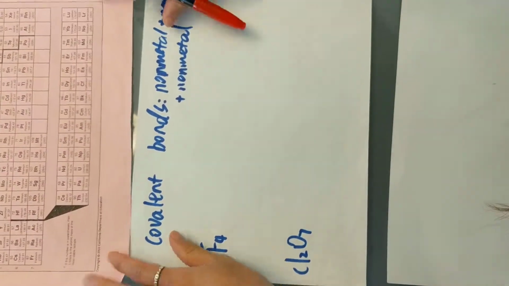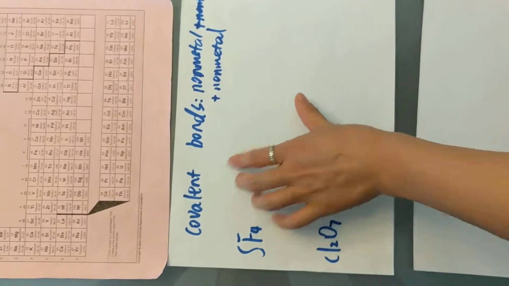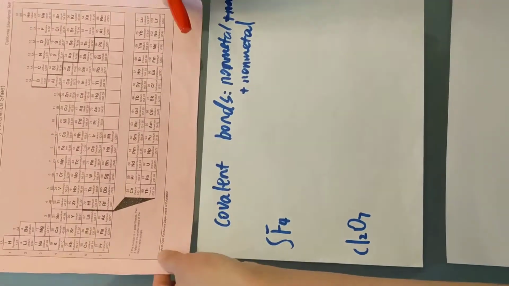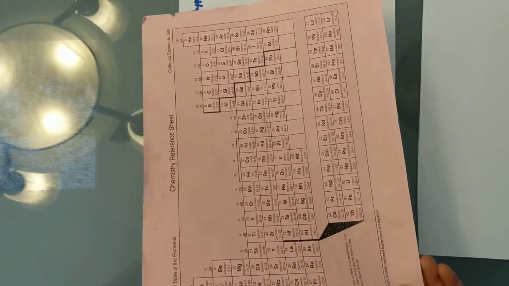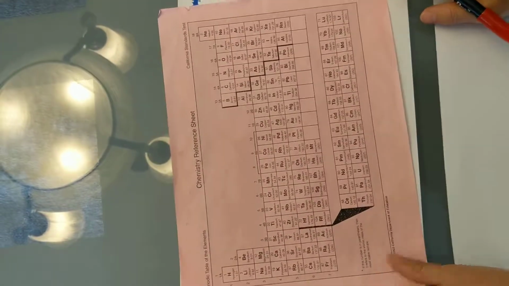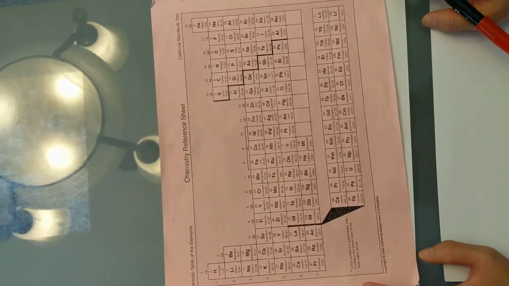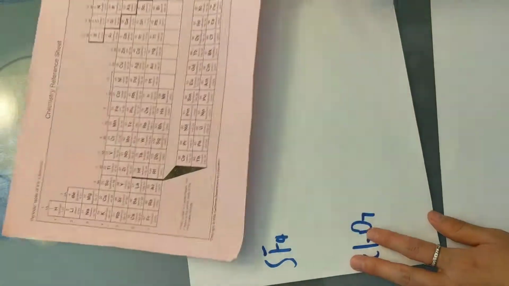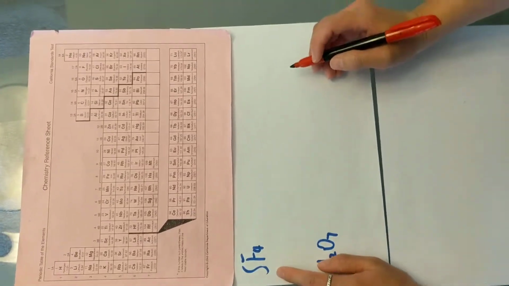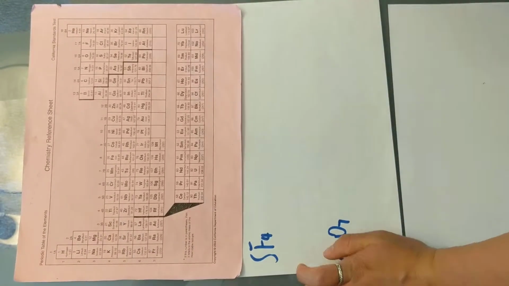Okay, let's move to the last one, how to name covalent bonds. What are covalent bonds? That means nonmetal and nonmetal together. When naming covalent bonds, the first step is to follow the rule.